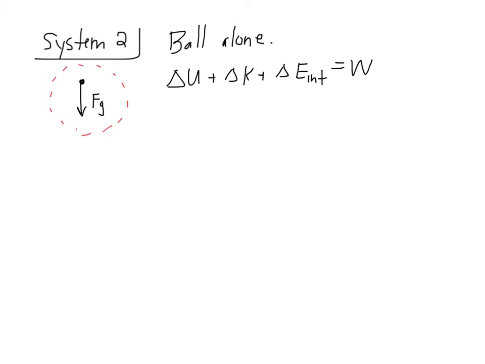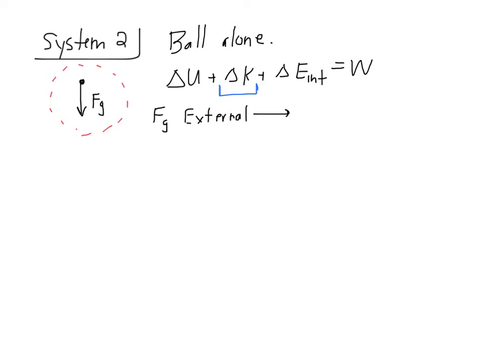Okay, so here's our conservation of energy equation. Let's make sure that we understand what terms are going to actually go into this. We're certainly going to have kinetic energy. The ball isn't moving at the beginning, but we certainly know it will be moving at the end, so it will have some velocity later. But what are we going to do with the gravitational force? Well, now Fg is external.